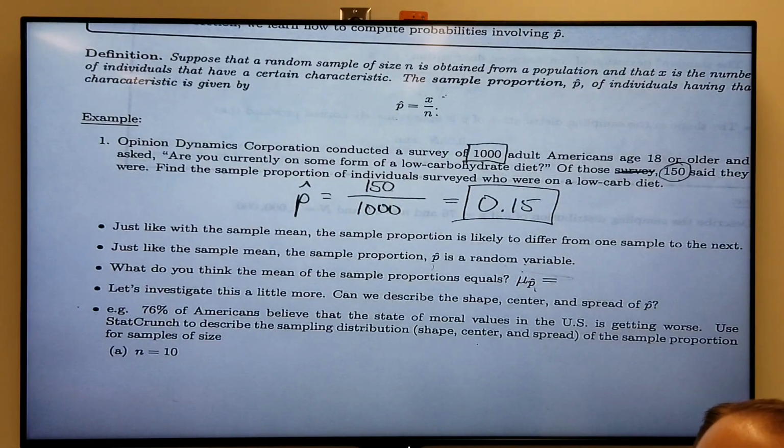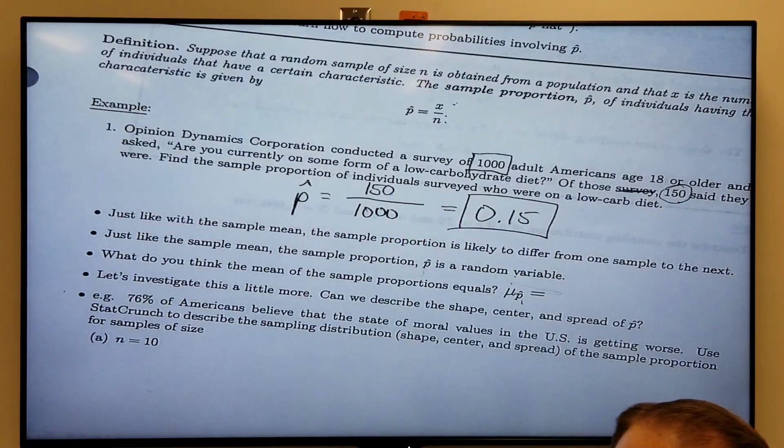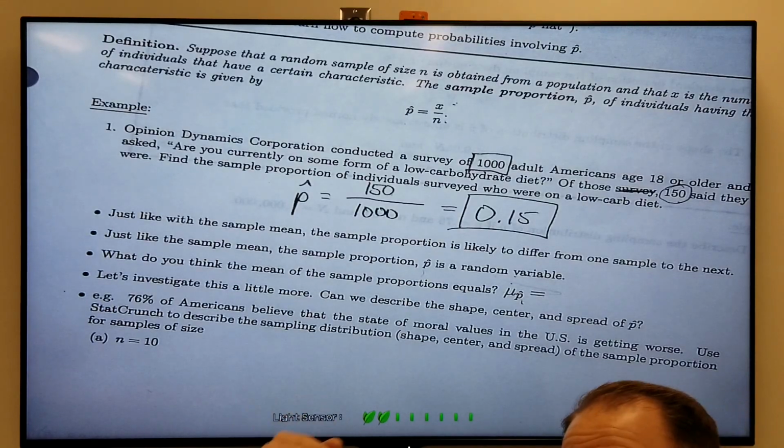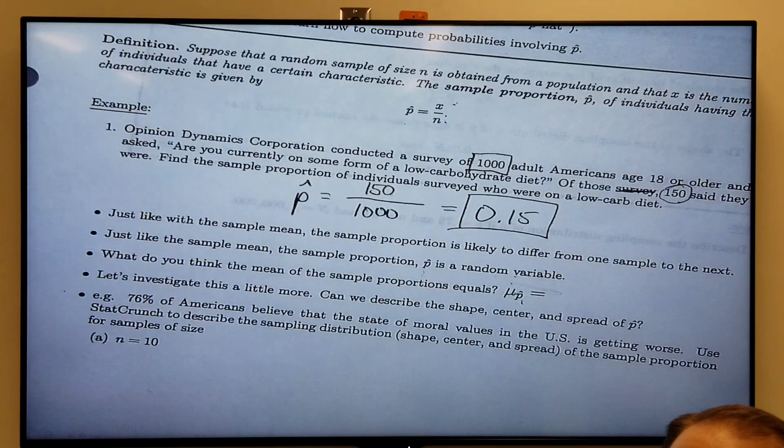One might be 0.15, another might be 0.17, another 0.14, and so forth. Then you take the average of all of those sample proportions, so 0.15 plus 0.17 plus 0.14 plus and so on, divided by however many samples you took. What do you think the result of that is going to be?